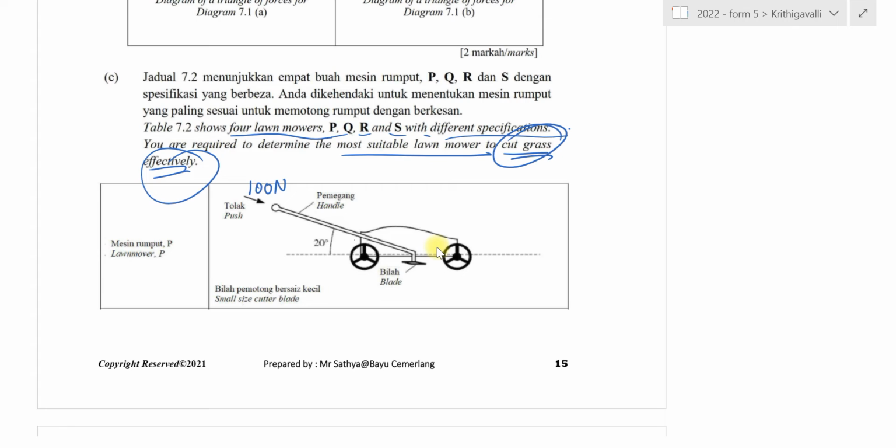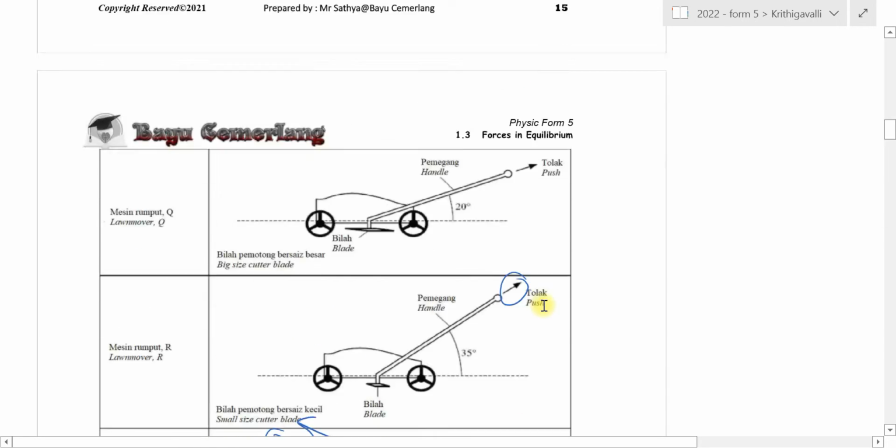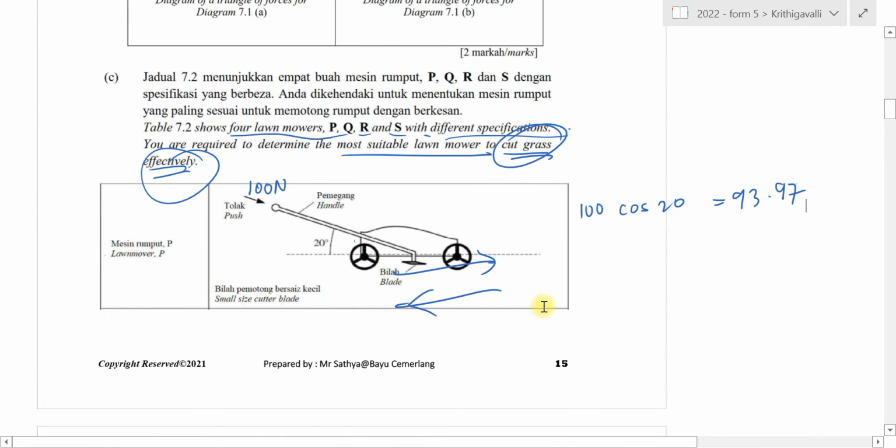It will be 100 cos downward and horizontal right, because it pushes like this. So 100 cos 20, for example I only take 100, is 93.97. Another angle given was 35, so we test with 35 as well.